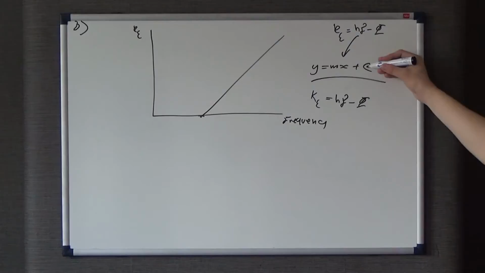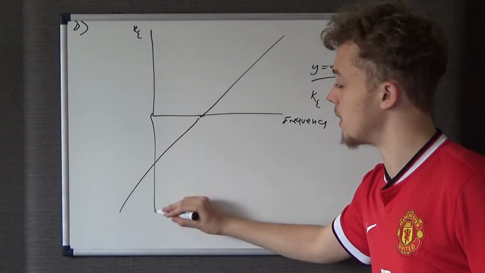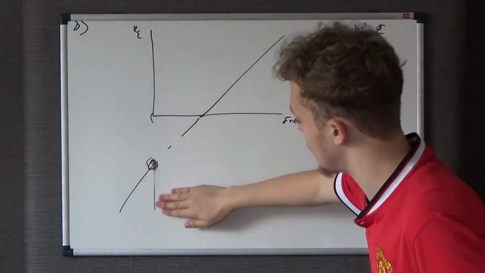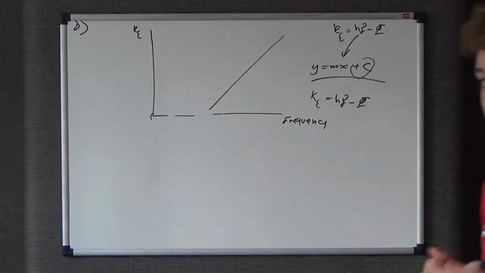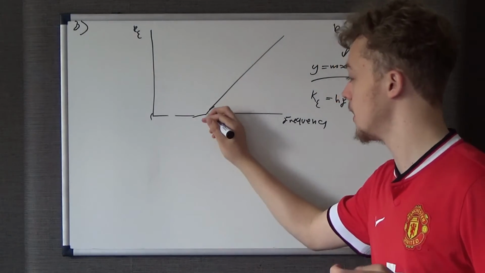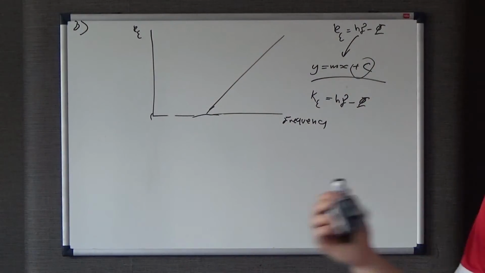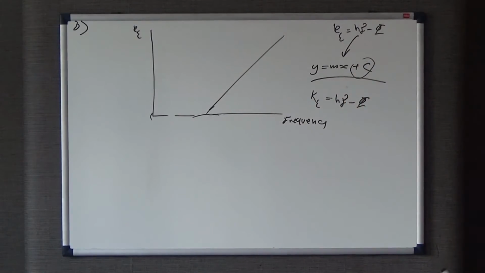The reason you'd expect c to be minus is that the y-intercept, if we extend this graph, would be a negative kinetic energy somewhere over here. But as that part of the graph isn't shown, don't be put off by the fact you've apparently got a negative y-intercept here. That should make sense, because the y-intercept isn't going to happen until we start getting negative kinetic energy values.